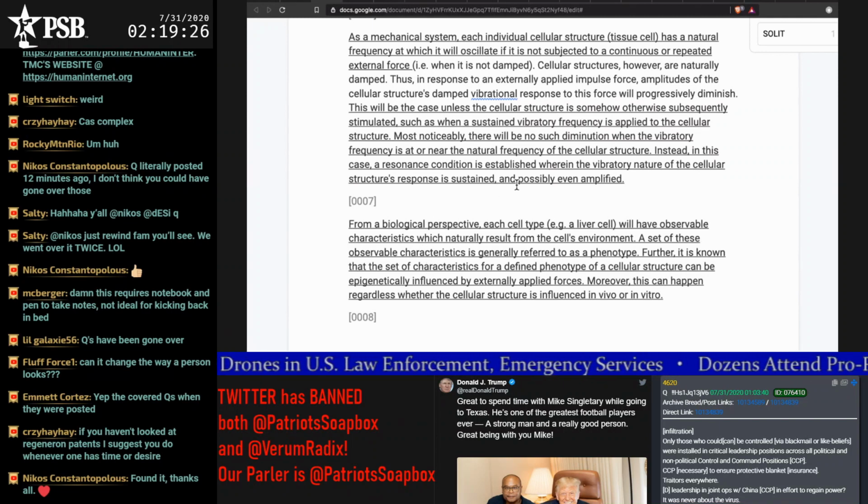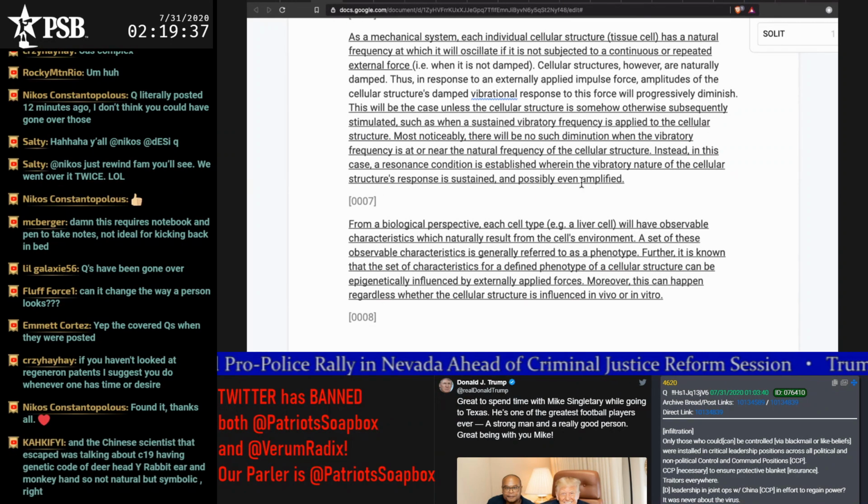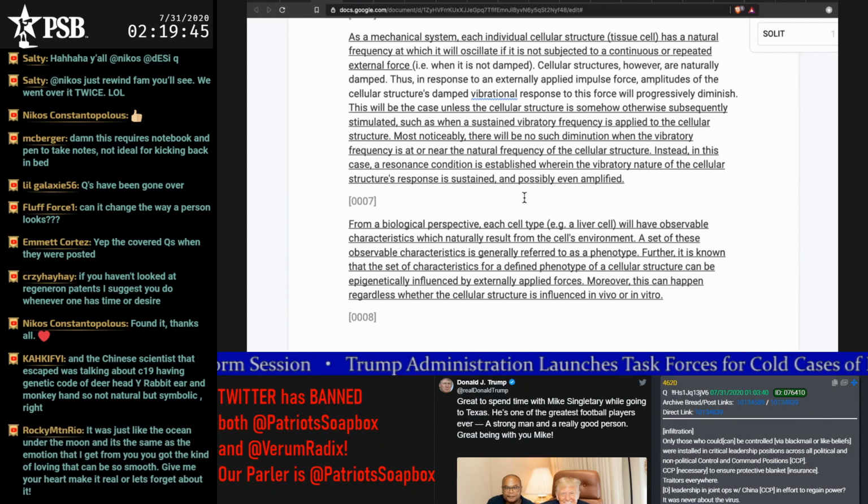Most noticeably, there will be no such diminishment in the vibratory frequency when it's at or near the natural frequency of the cell structure. Instead, in this case, a resonance condition is established wherein the vibratory nature of the cell responds and is sustained and possibly even amplified.